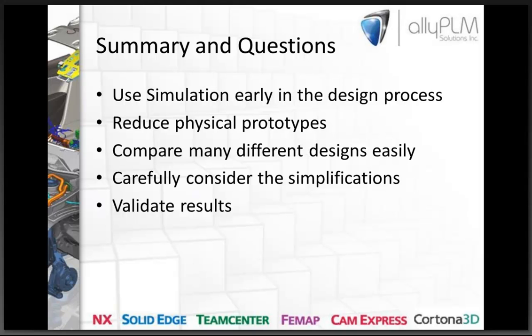I mean, that's a great use of Solid Edge Simulation. And you can also reduce your physical prototypes, so you don't have to make all these things. You can just go ahead and run these models and narrow in on 2 or 3 that you like, or just one and make one.